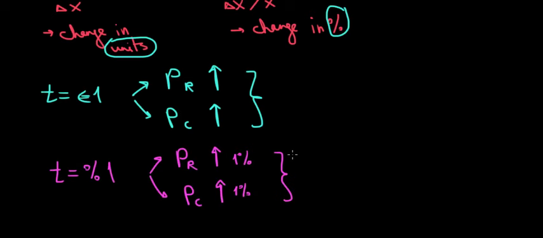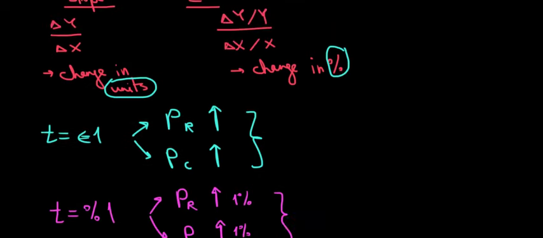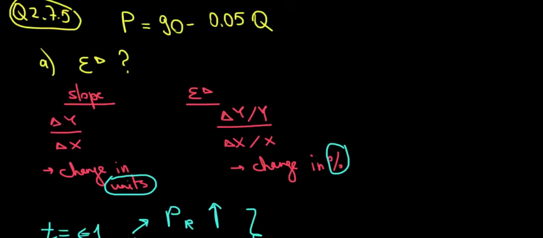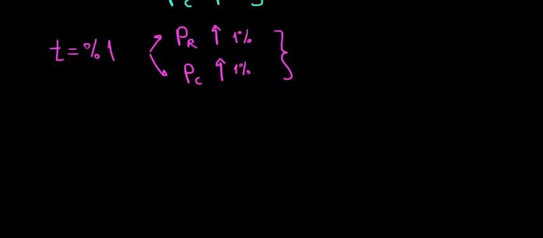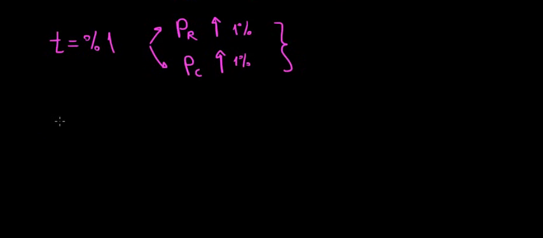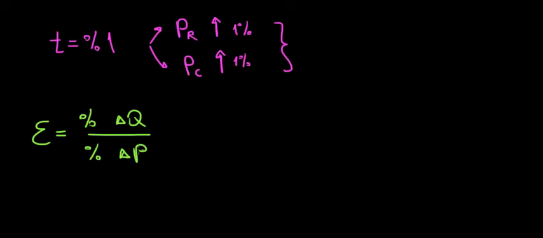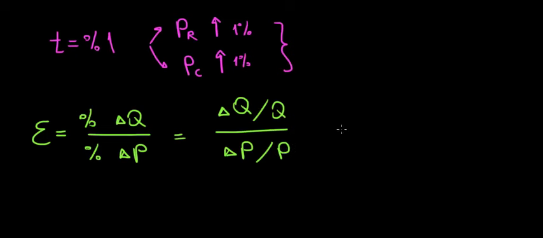And let's see how this is working out in supply and demand. So in our case, remember we had this linear function, price equals 90 minus 0.05 times quantity. How can we find out the elasticity of demand? Well, let's write the formula. Elasticity of demand is the percentage change in quantity relative to the percentage change in price, which means that we have delta Q divided by Q over delta price relative to the price.